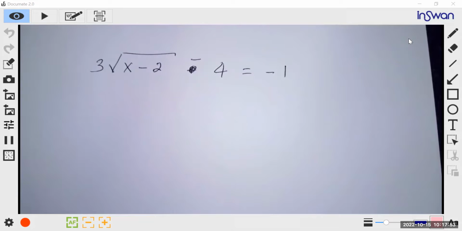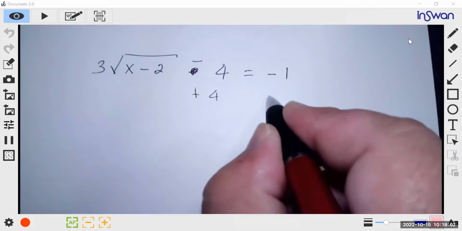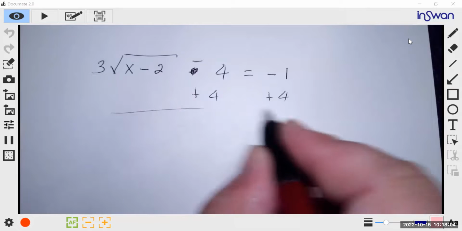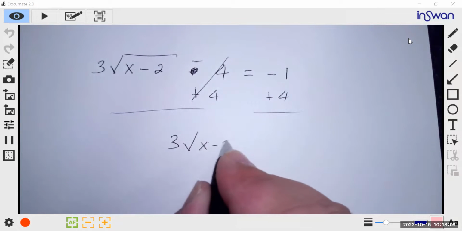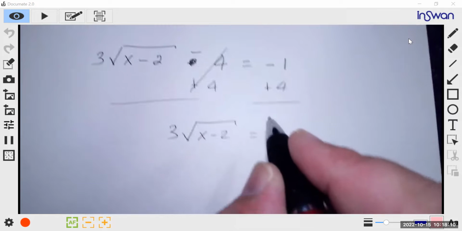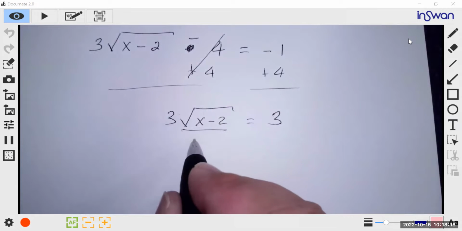First step. Get rid of the 4. How? Add 4 to both sides. 4 minus 1 is 3. Then what? Very good. Get rid of the coefficient.